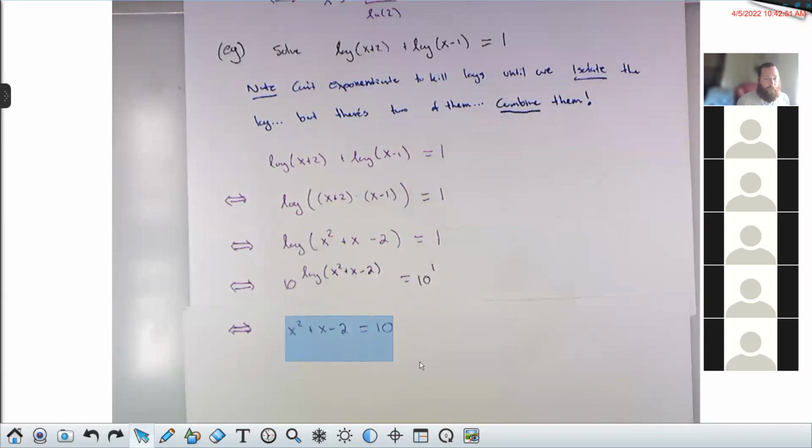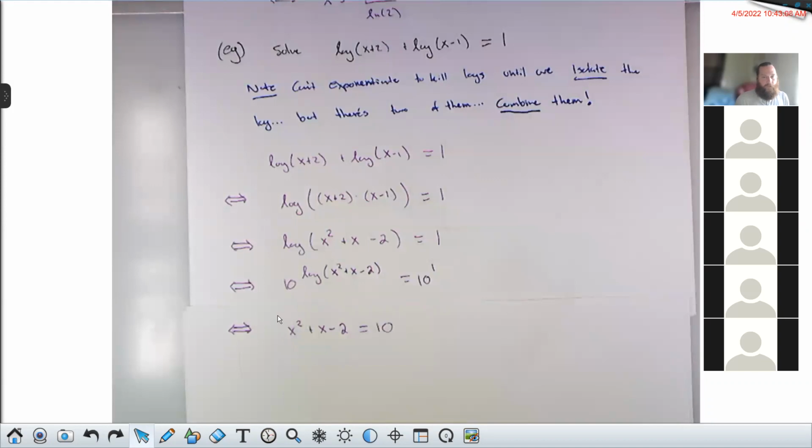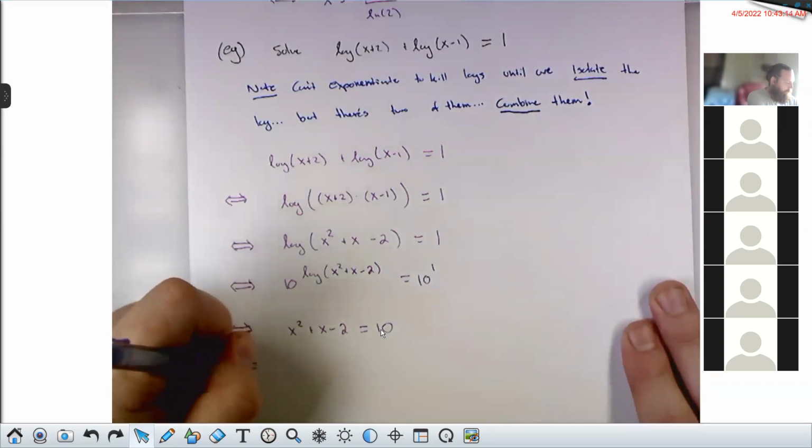This now is a quadratic equation. How do I solve this quadratic equation? Factor it. There's something I need to do before I can factor. Move the 10 over. Yeah, good, right? I need to set the whole thing equal to 0 before factoring will help me. So we have to subtract the 10.